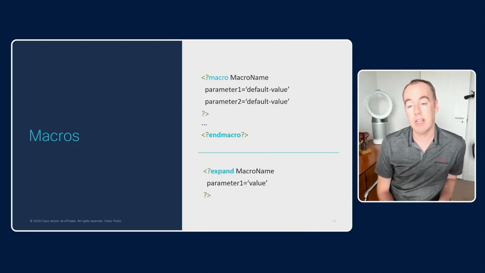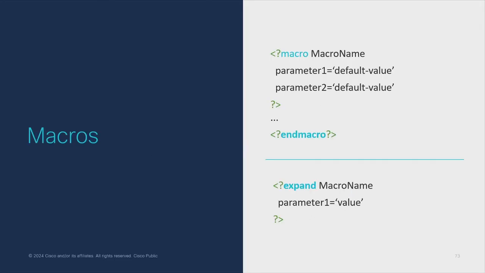Something slightly newer came in, I think, 5.6 maybe, towards the end of the 5 releases, was the ability to add macros. So this is where if you're repeating the same bit of configuration often, put it into a macro, and then you reduce a lot of duplication.